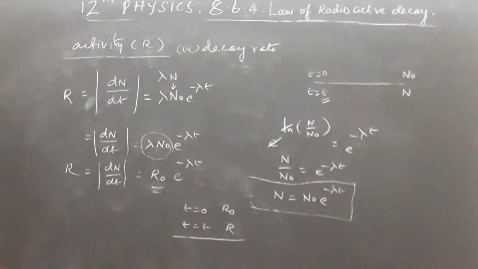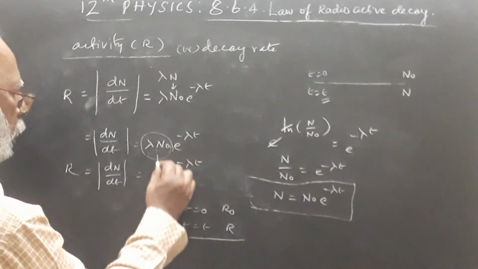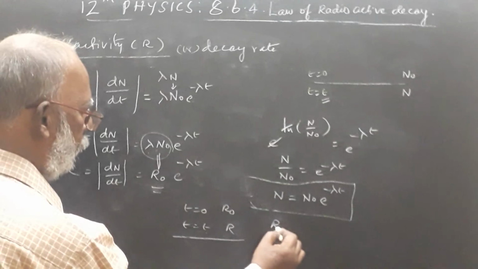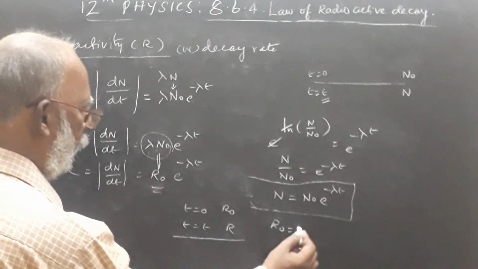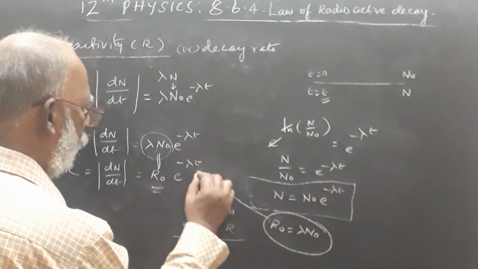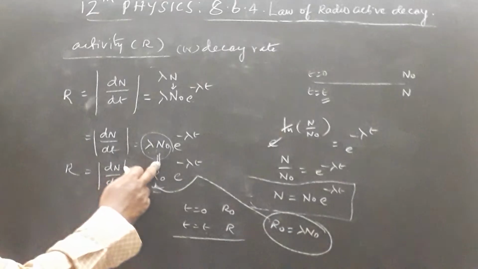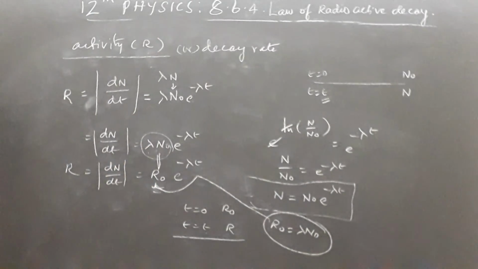Are you clear? Next, we are going to finish this equation. What is the value of R naught in this equation? R naught is nothing but lambda into N naught. R naught equals lambda into N naught.